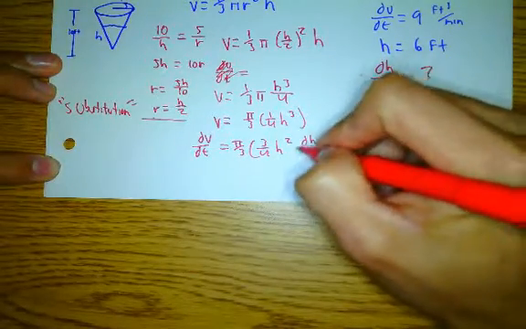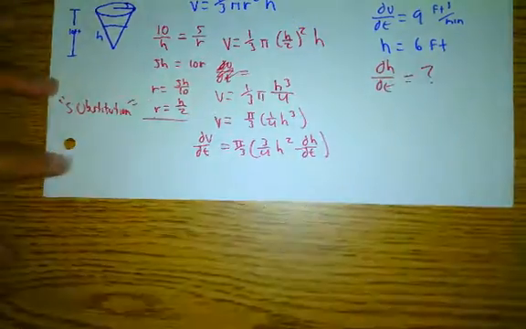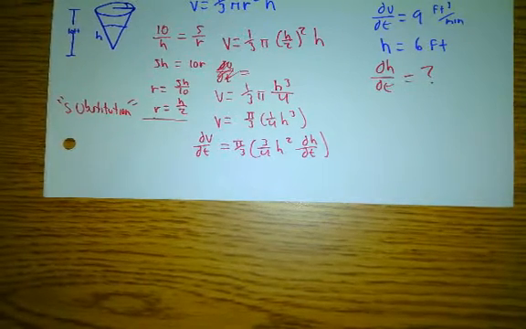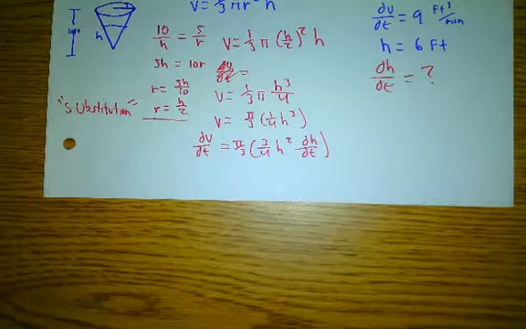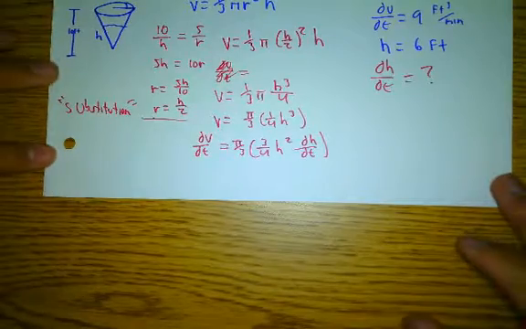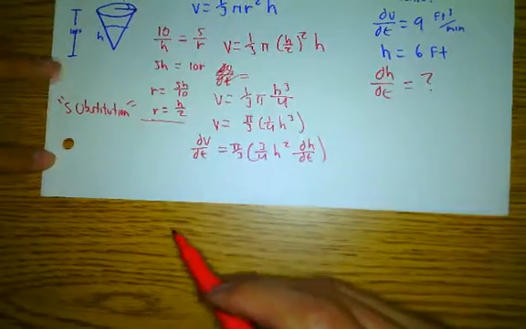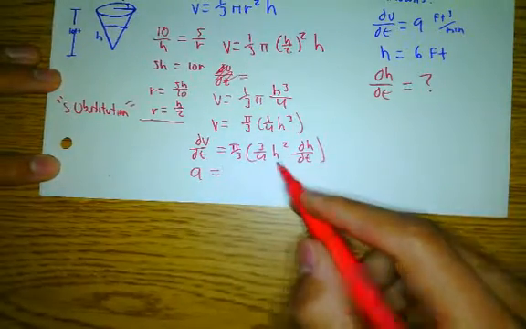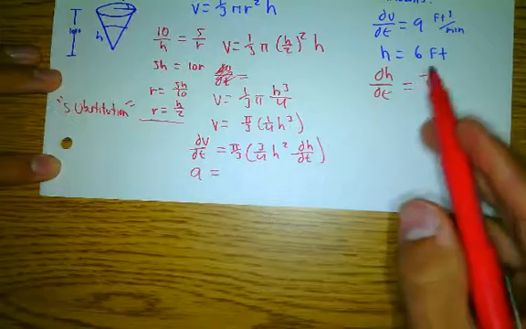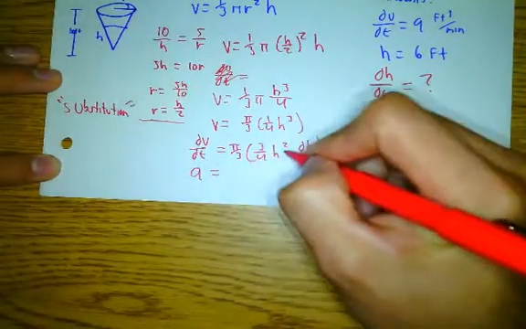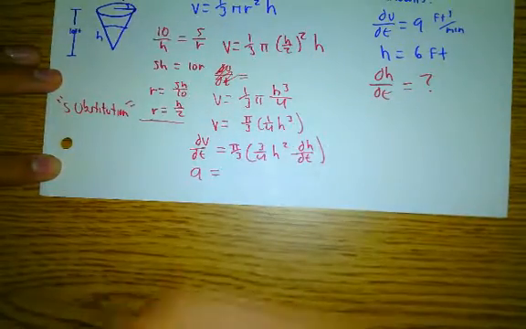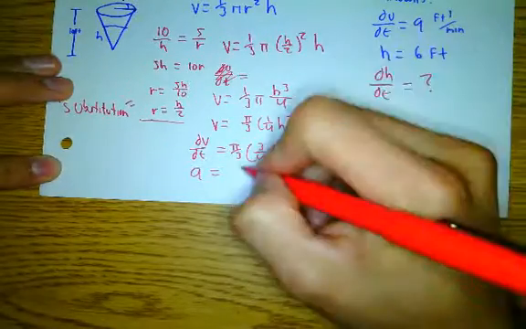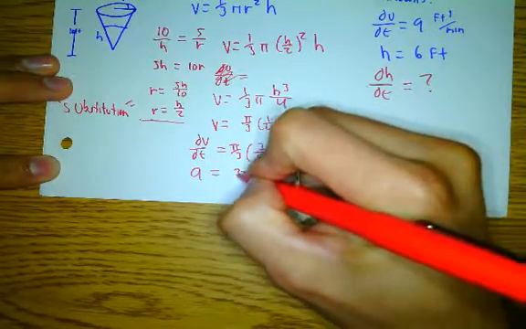Alright, from here, we can simplify more, but I'm just going to start plugging things in. I'm running out of room. Alright, do we know dV/dt? Sure do. It's 9. Do we know what h is? It's 6. Okay, so I have 6 squared is 36. So here's what I know. I have 3 pi over 12 times 36 dh/dt. That's with me?